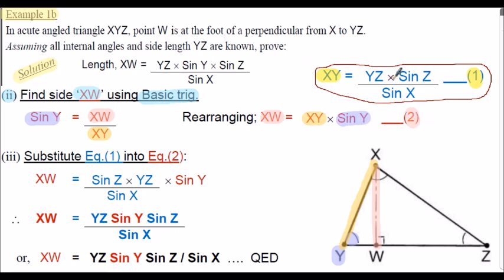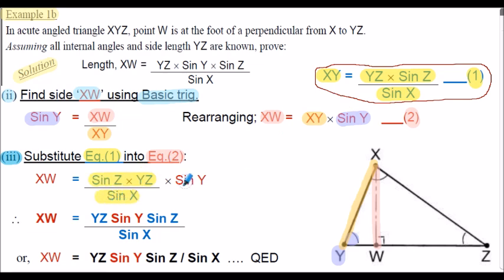What we're essentially going to do now is replace xy shown in equation 2 with equation 1 shown here. We'll substitute equation 1 into equation 2. So the yz multiplied by sine of angle z, divided by sine of angle x, is essentially shown here.